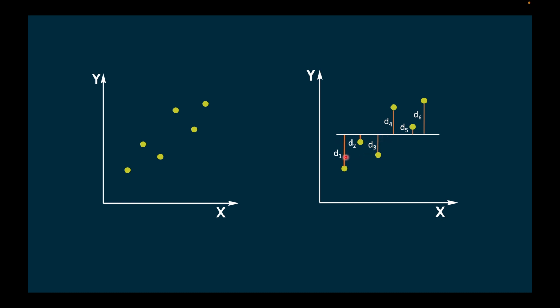Here d1, d2, d3 and so on represent the residuals, or difference between the observed value and the horizontal line. Next we need to square them up and add them together. And we are going to call this SSR, or sum of squared residuals.